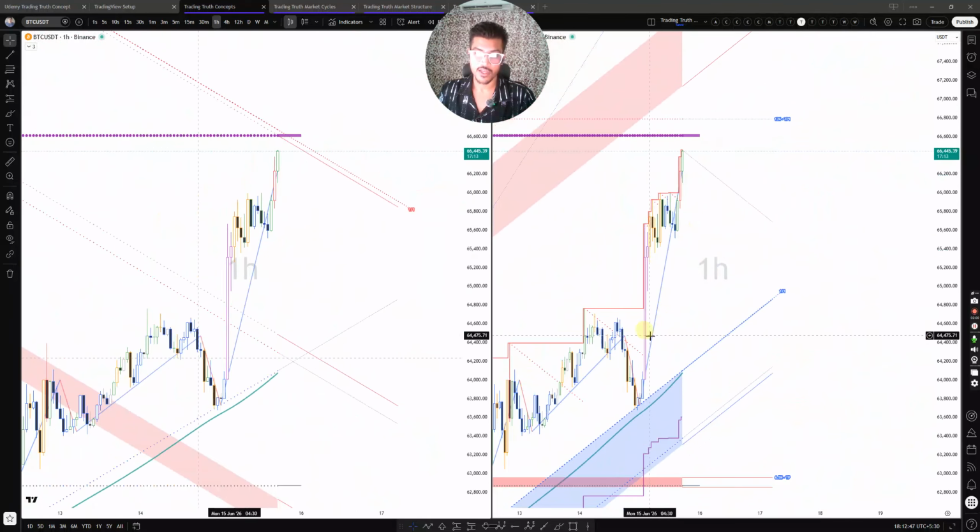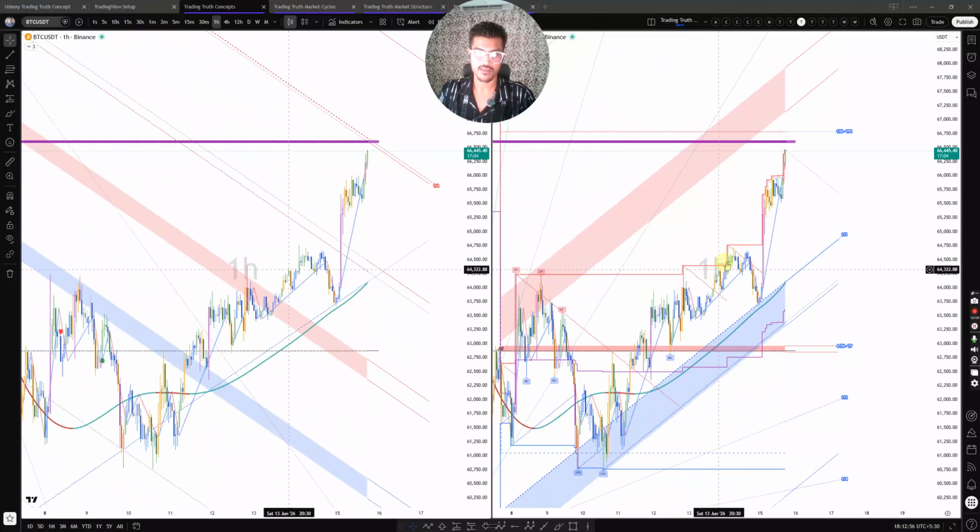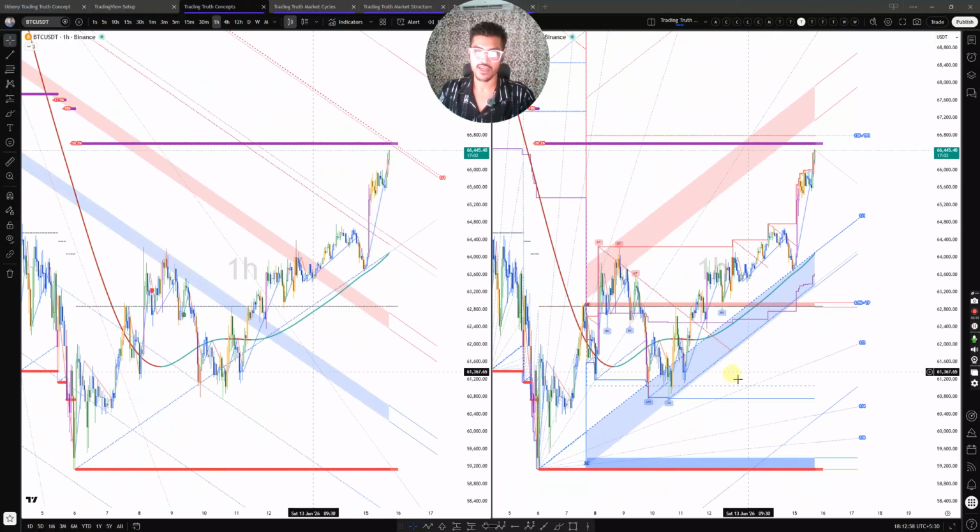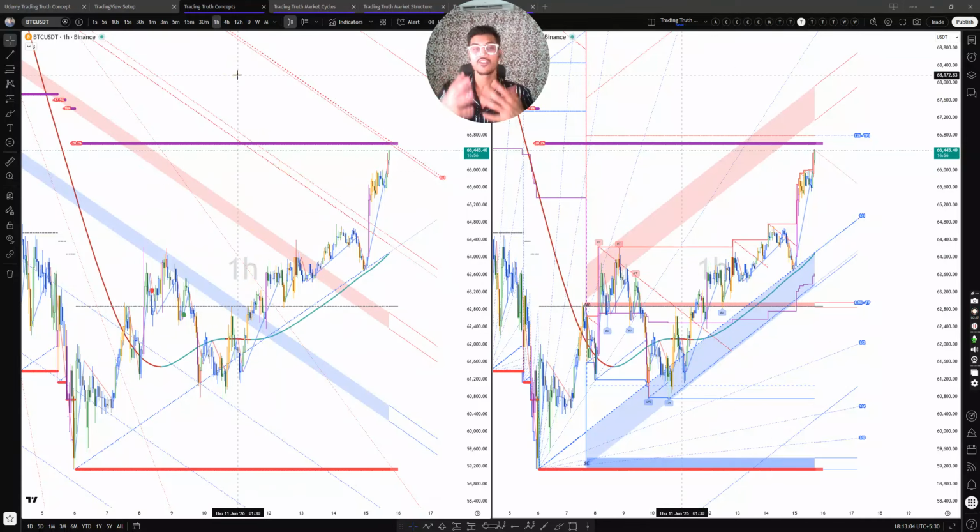Yesterday the market rejected this, and then it broke out this trend line. Market just went upside, and it was already in uptrend on 1 hour time frame. So this is how you can find trades with the indicators.